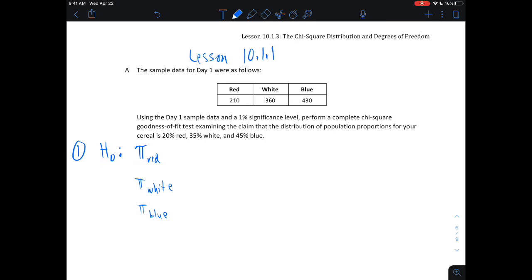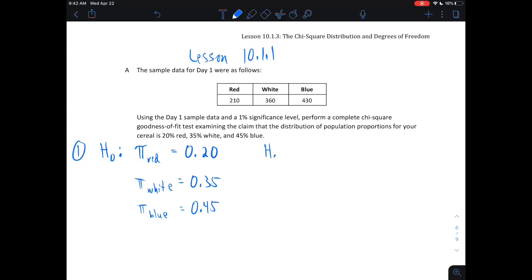But it doesn't matter, just some way to help us stay organized. And again, what comes from our claim, which is the same thing as our null hypothesis, is that pi sub red should be 20%, but we want to write that as a decimal, 0.20. Pi sub white should be 0.35, and then pi sub blue should be 0.45.